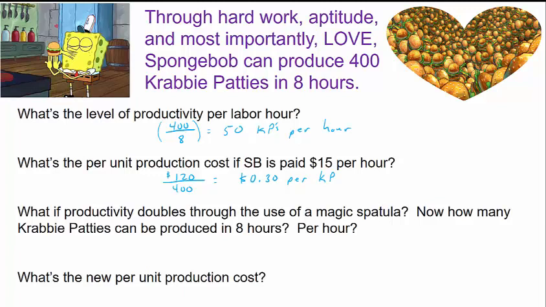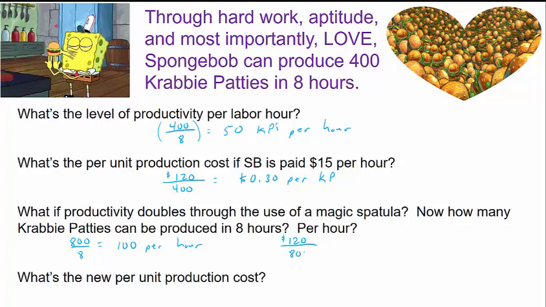Now, what if productivity doubles through the use of a magic spatula? Now how many Krabby Patties can be produced in 8 hours? Let's redo our math. Now he's going to produce 800 of them in 8 hours, so his level of productivity is 100 per hour. Okay? He's still getting paid $15 an hour, so his daily wage is still $120.